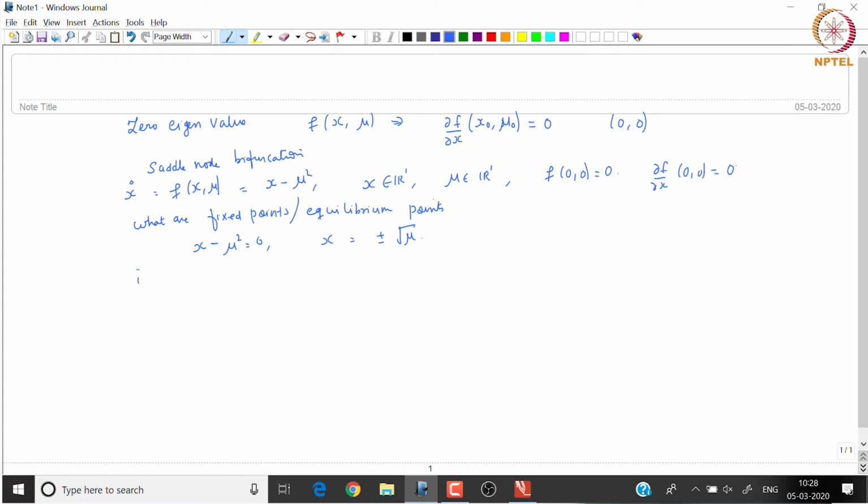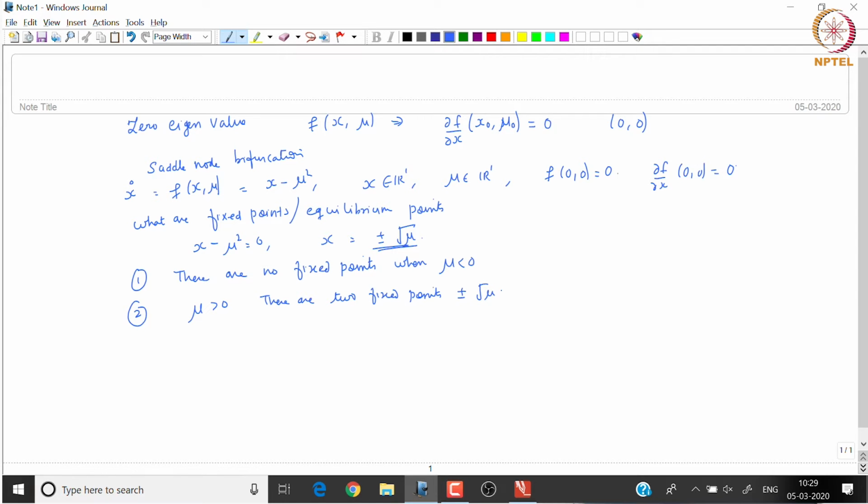So first thing is that there are no fixed points when mu is less than 0, and second, when mu is greater than 0, there are two fixed points. This one, right, plus or minus square root of mu.